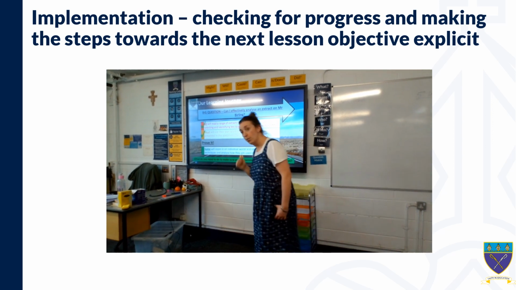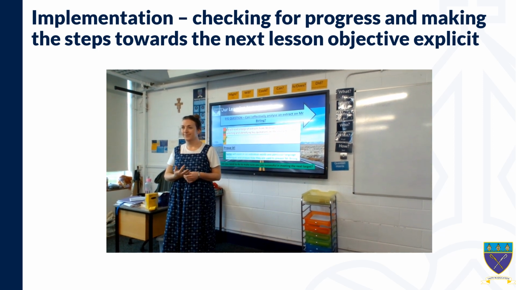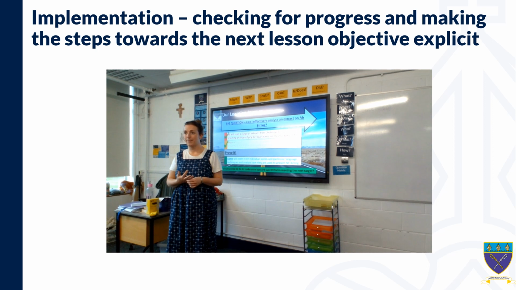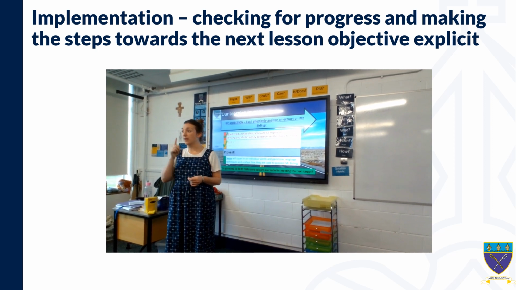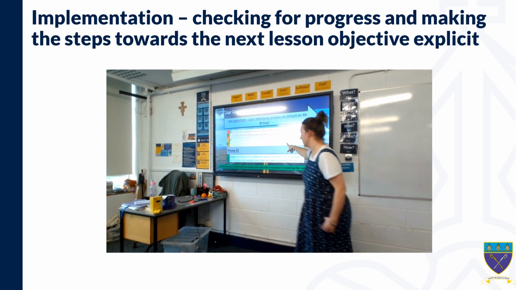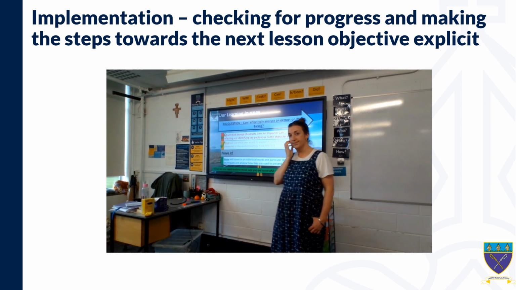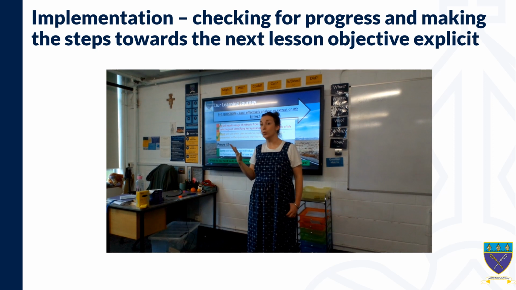Lovely. Lily, one that you've selected and what you annotated with it, please? Okay, so how do you know that you and Ezra have achieved that lesson objective of explaining that quotation? And whose words have you used?